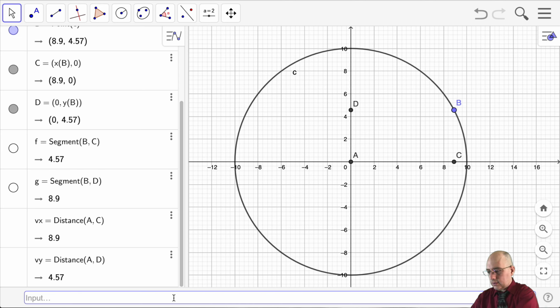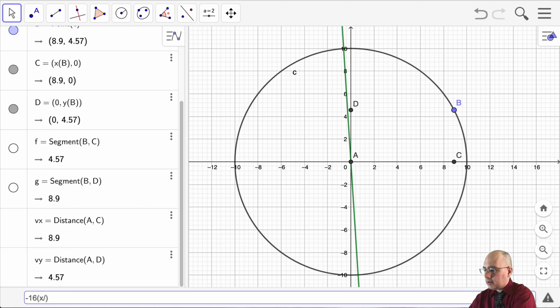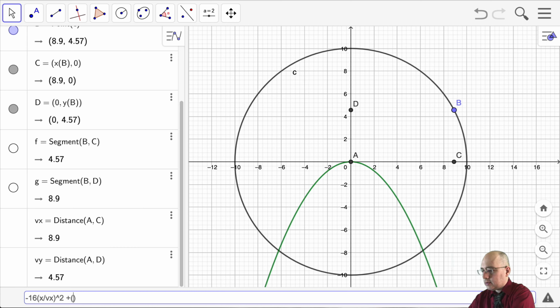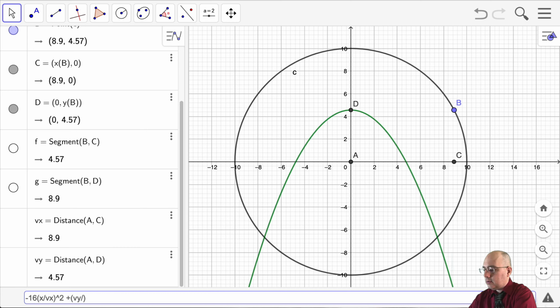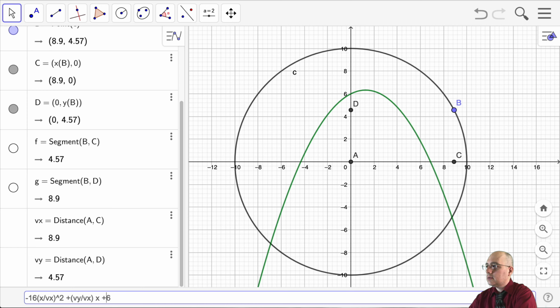Good. And now I'm going to graph a function. So minus 16, and this was x divided by Vx squared, plus Vy divided by Vx times x, plus 6.